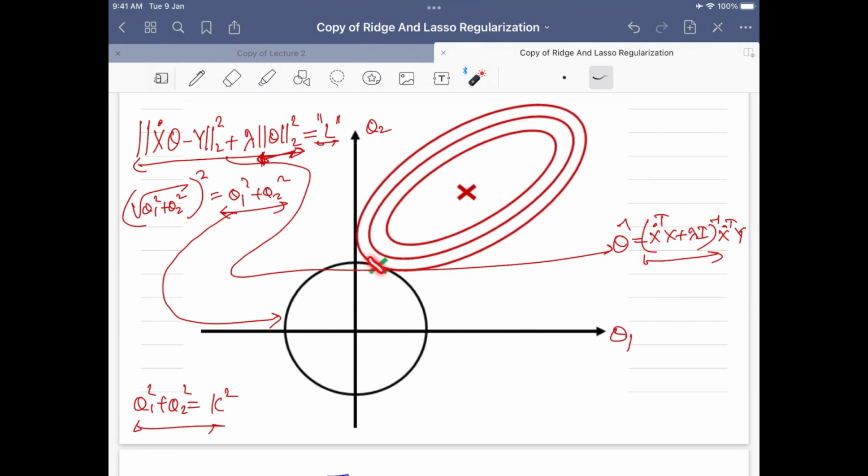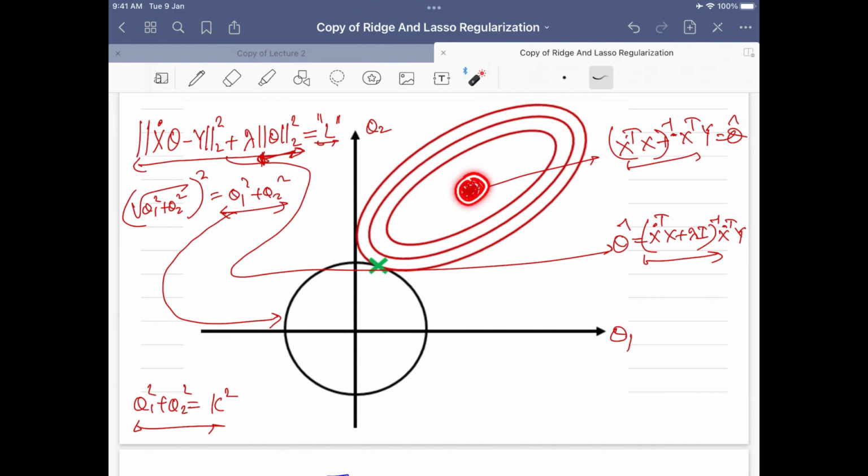So here you can see now it's the green point which is giving you theta estimate. Earlier, when this was not there, the theta estimate was this point, which was nothing but (X transpose X) inverse X transpose y. So earlier this was the estimate of theta hat.